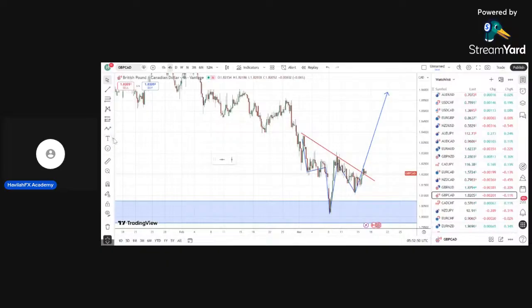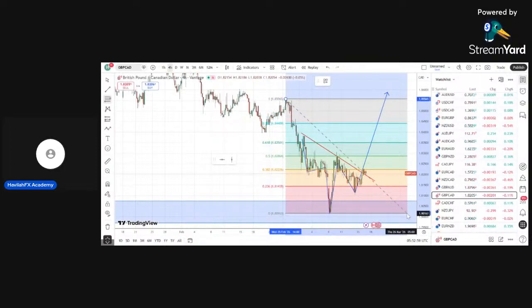Let's look at the profit target levels. If we use this as our recent high, price is expected to hit each of the Fibonacci levels. Price is already around Fibonacci 38.2, and is expected to go to Fibonacci 50, is expected to hit Fibonacci 61.8, and possibly Fibonacci 78.6. It all depends on the volatility.